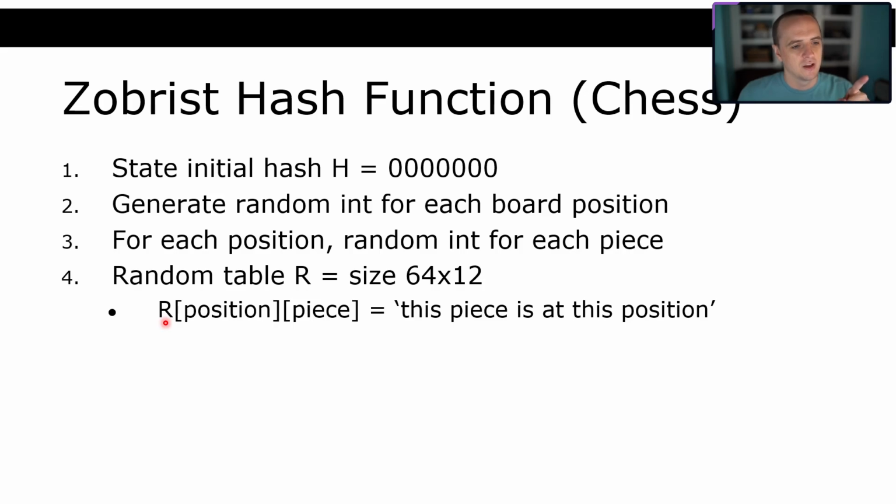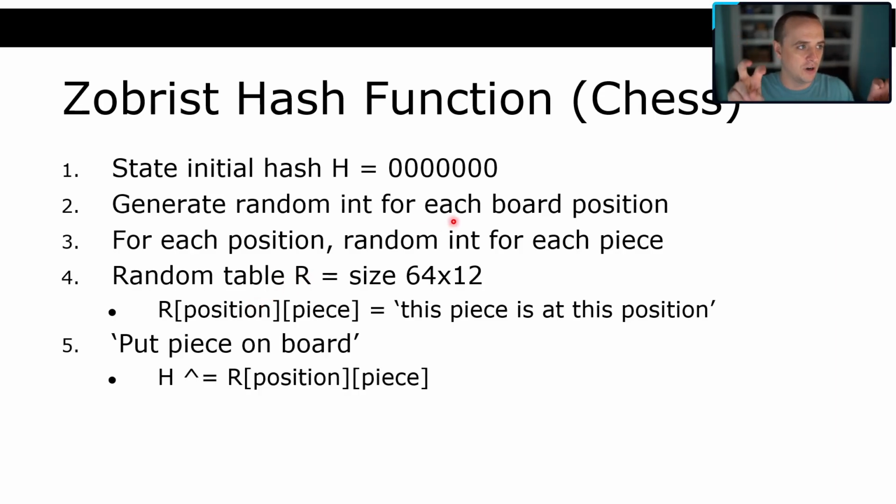And this random value means that this piece is at this position on the board. So in order to put a piece on the board, you take the hash value representing the entire state, which is initially 0, right? And you XOR it with the random value for having that piece at that position on the board.